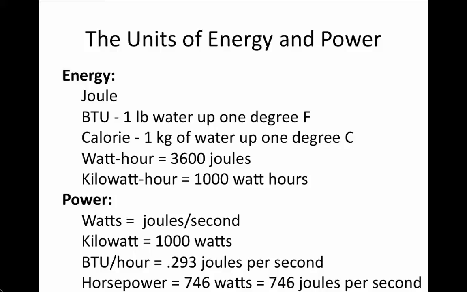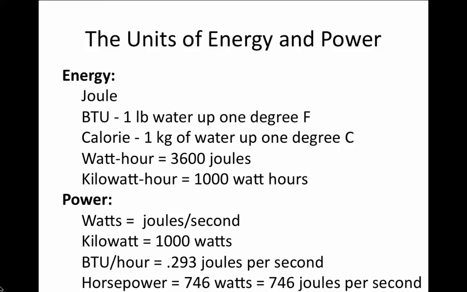So, for example, with heat, we often use something called the BTU, or British Thermal Unit, and it's defined as the energy it takes to raise 1 pound of water up 1 degree Fahrenheit. So when we're talking about heat, we often use BTUs. Calories are just the metric equivalent of BTUs. When we talk about electrical energy, we talk about watt hours, which are 3,600 joules, or kilowatt hours, because watt hours are pretty small. And we'll talk again a little bit more about those later. I just want to introduce these terms to you now.